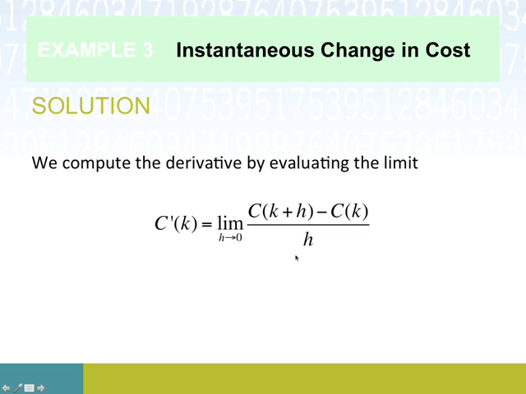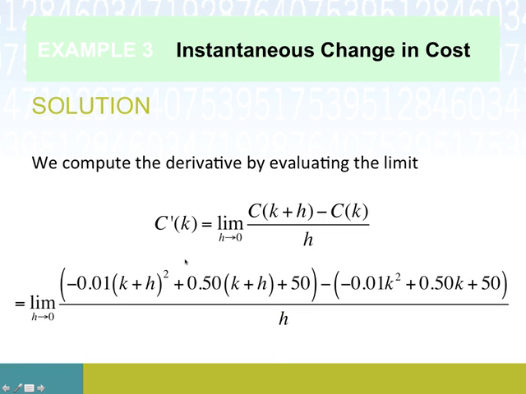We start with our limit the same way. I guess cosmetically this is different because instead of f of x, it looks like c of k. But other than that, it's the same deal. C prime is this limit as the slope fraction has the points go closer and closer together. So you'll have to sort of steel yourself for some algebra here because boom.